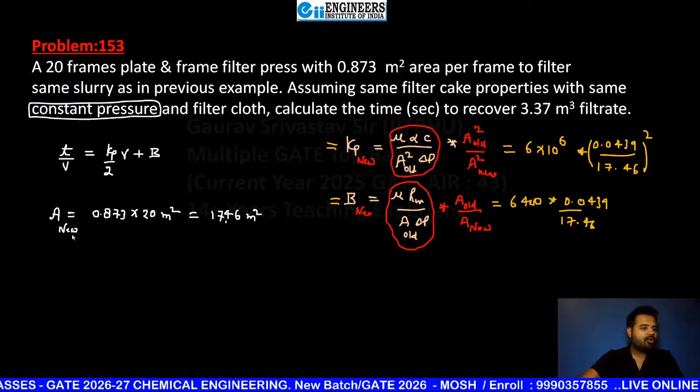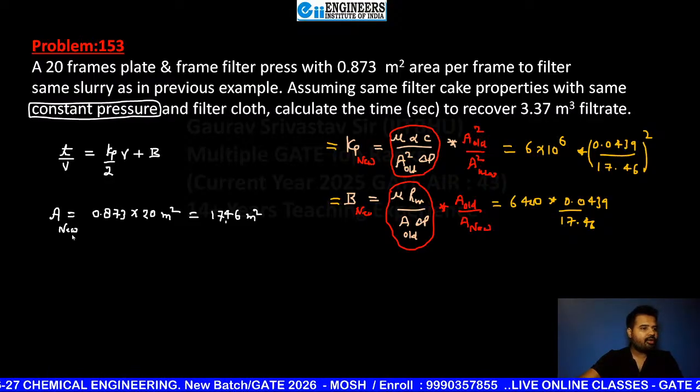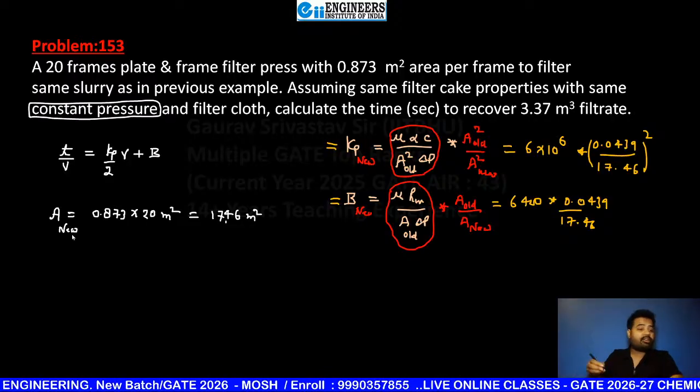6 into 10 raised to power 6 into 0.0439 squared upon 17.46 squared. Yeah, I'm also getting 37.93. Very good.